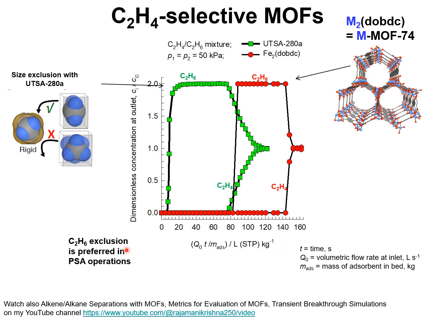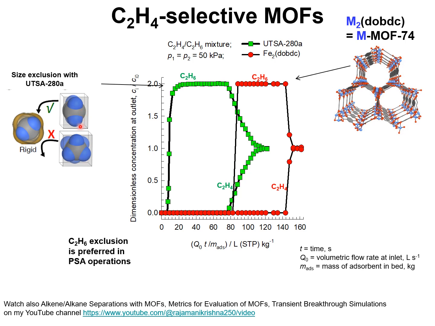A different class of MOF is exemplified by UTSA-280, which operates on the principle of size exclusion of ethane. There is a subtle difference in shape between ethene and ethane.